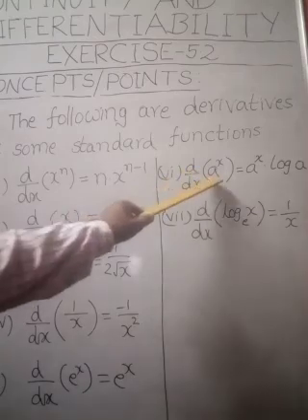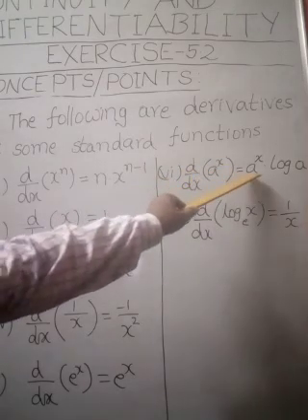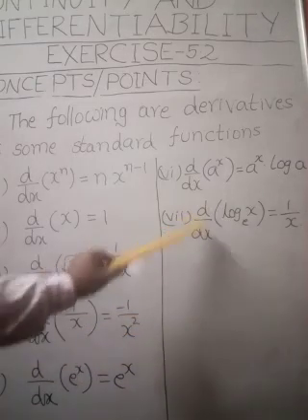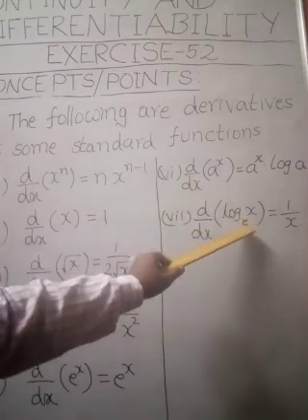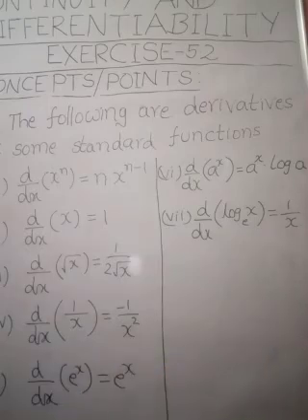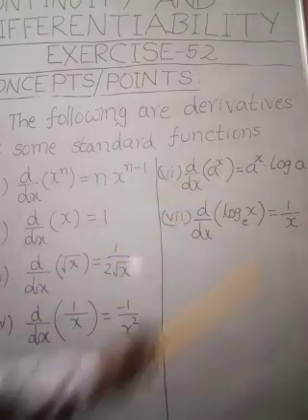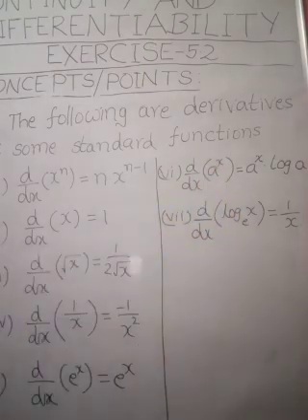D by dx of a power x is equal to a power x into log a. Next, d by dx of log x base e is equal to 1 by x. Okay, my dear children, these are all the derivatives of algebraic and logarithmic functions. Okay, my dear children, right.